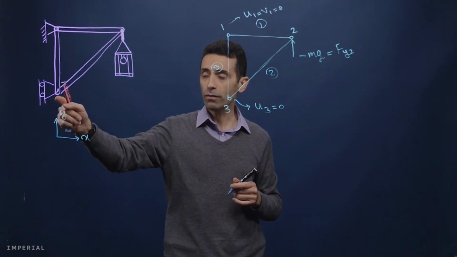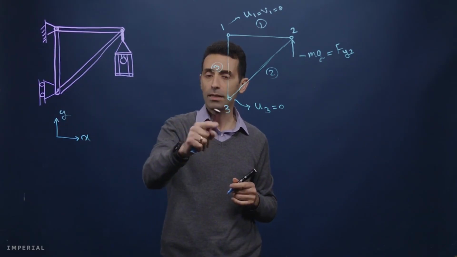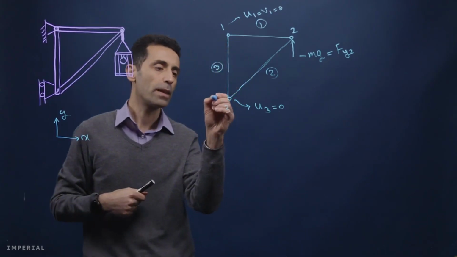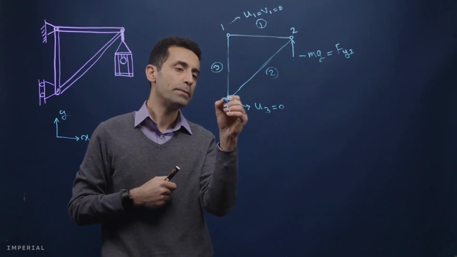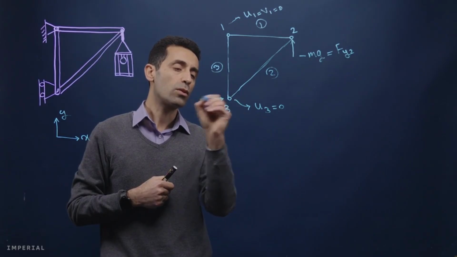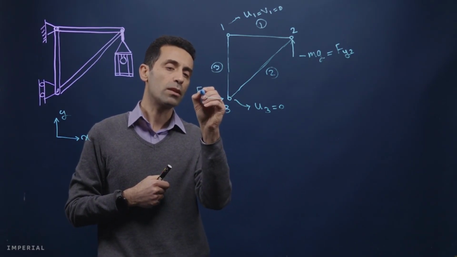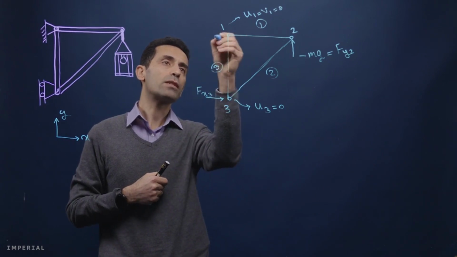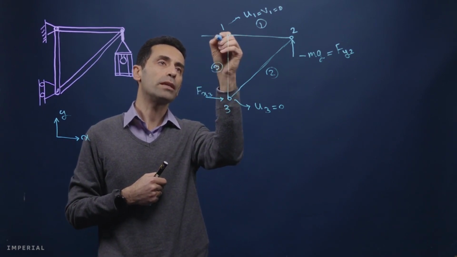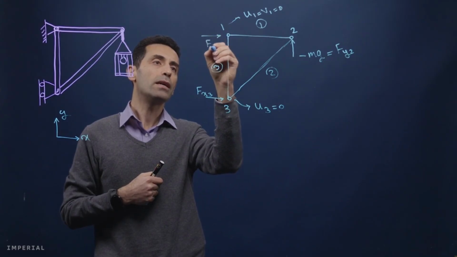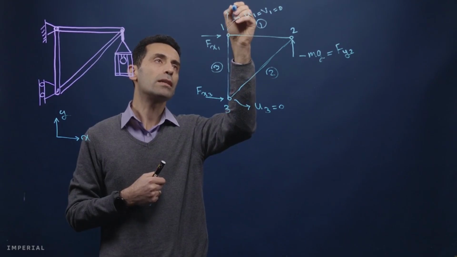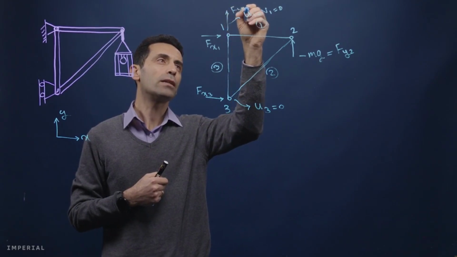Also, we have an external force here that is the reaction force at the support in the x direction, okay? So if I name those forces, this will be Fx3, and we have two forces here as well, so this will be Fx1, and this one is Fy1.